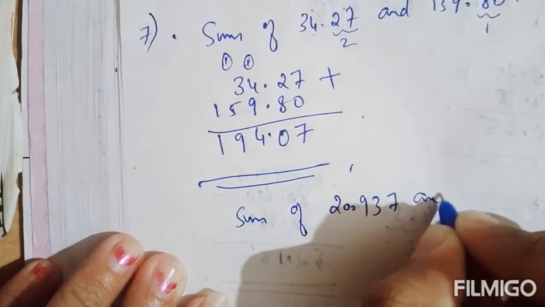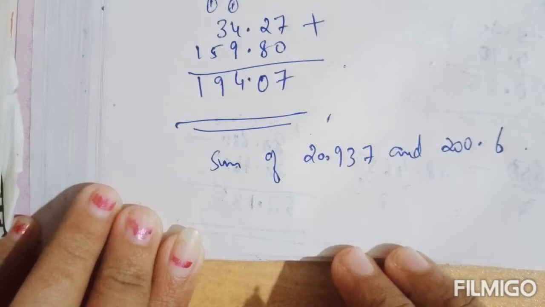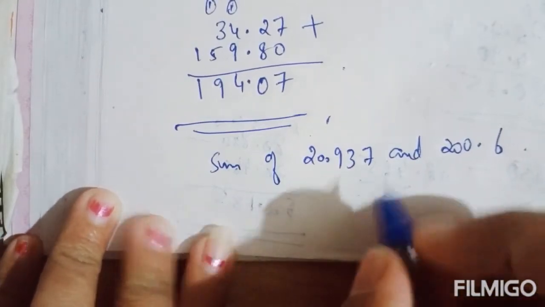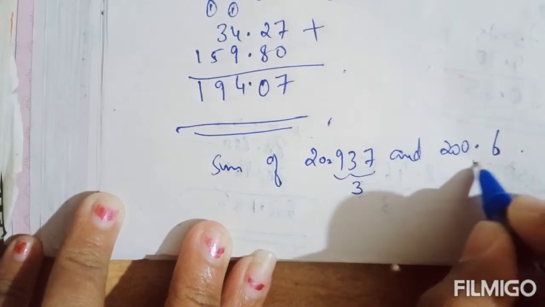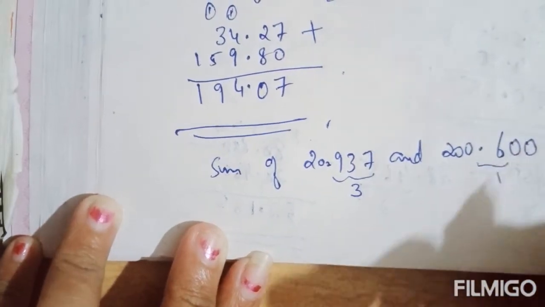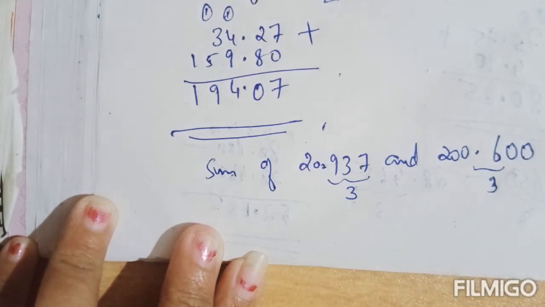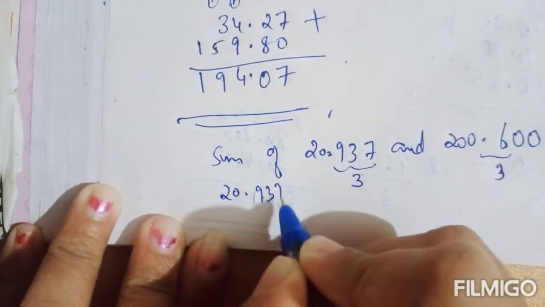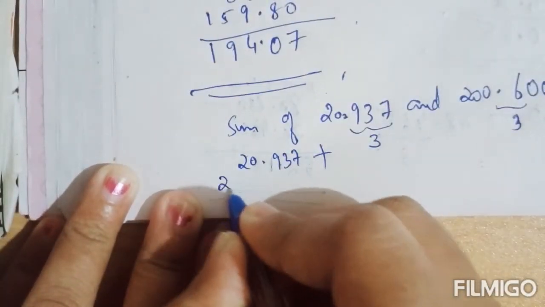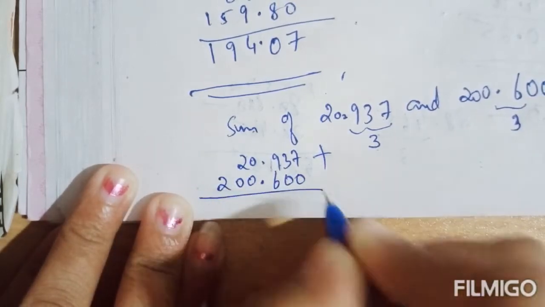Okay, next you can find the sum of 20.937 and 200.6. Here 3 decimal places, here only 1, so you can add 2 zeros at the end so that it has 3 decimal places. Finding the sum, what you will get? 20.937 plus 200.600.